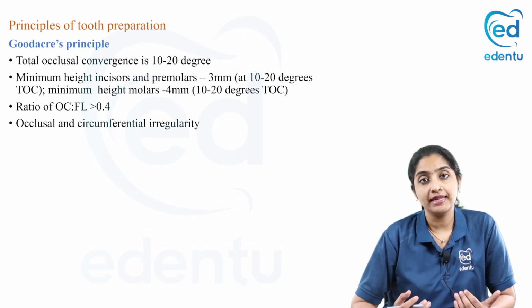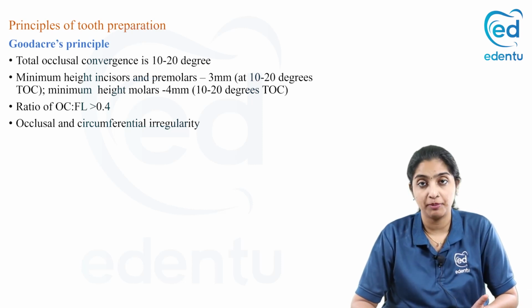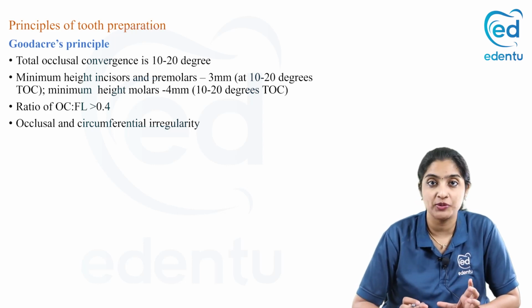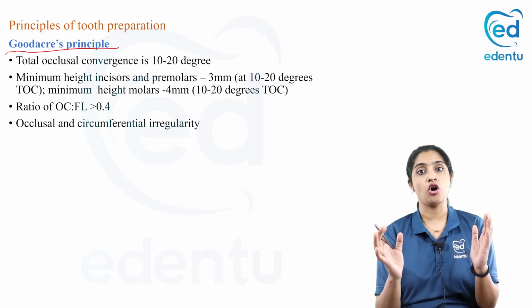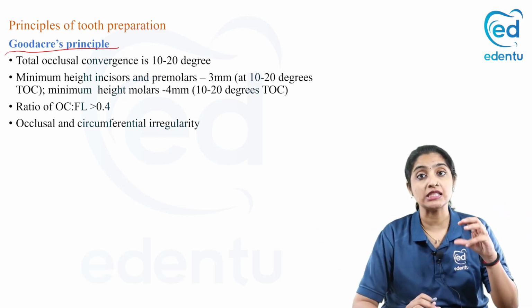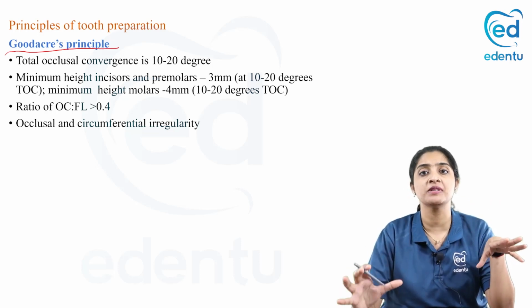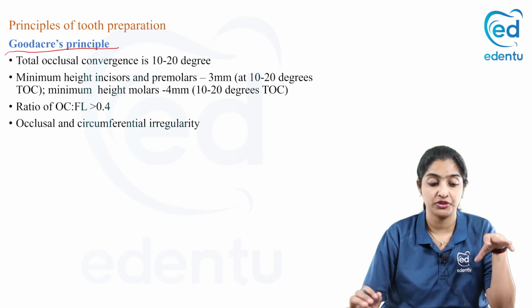Before we discuss in detail the 5 principles that we are concerned about, there was something called Goodacre's principles. Now, Goodacre did not shorten it into 5 headings, but he gave a general set of principles which need to be followed for all teeth when you're doing a tooth preparation.